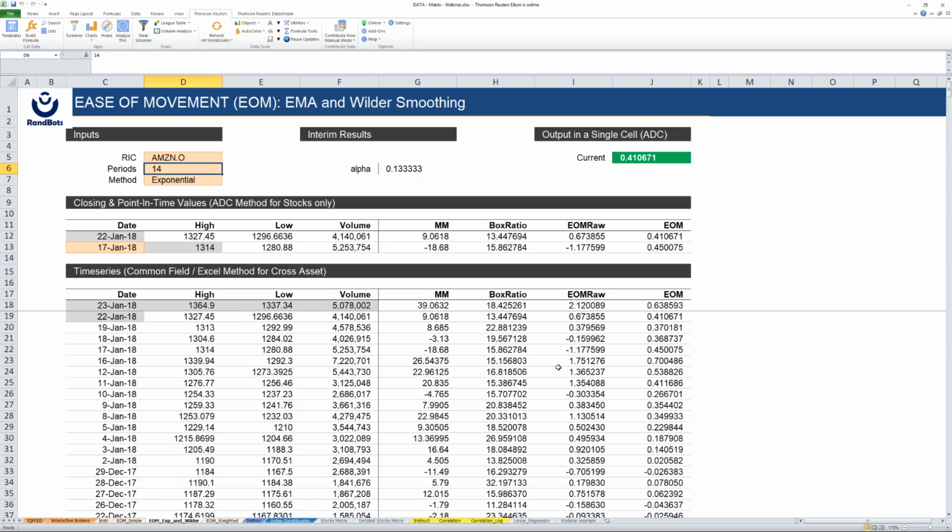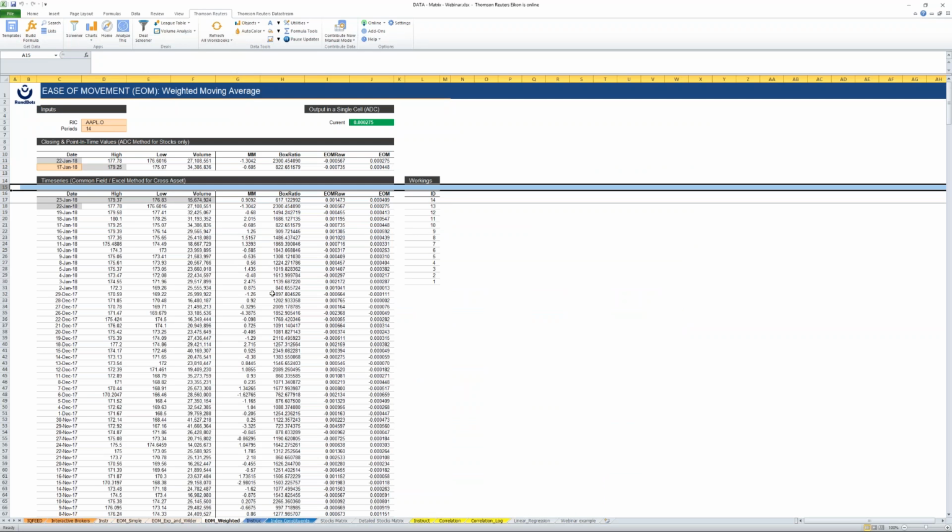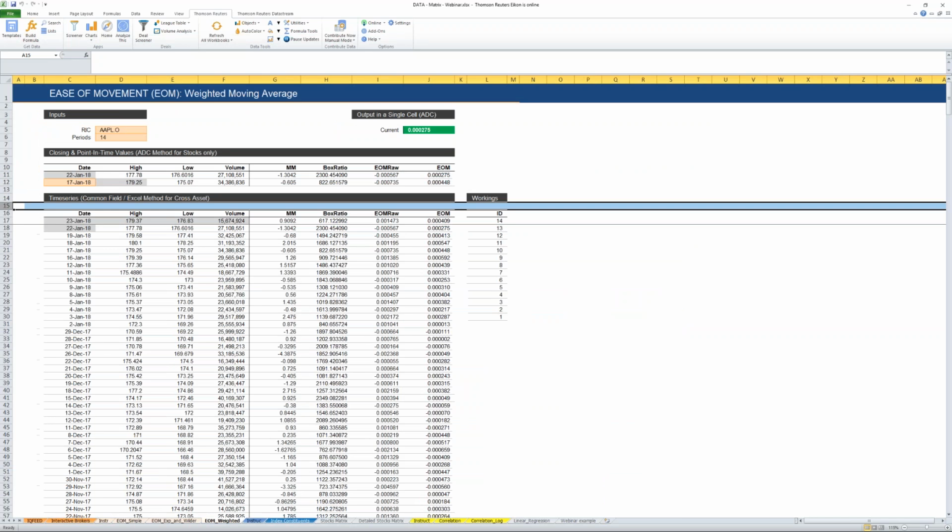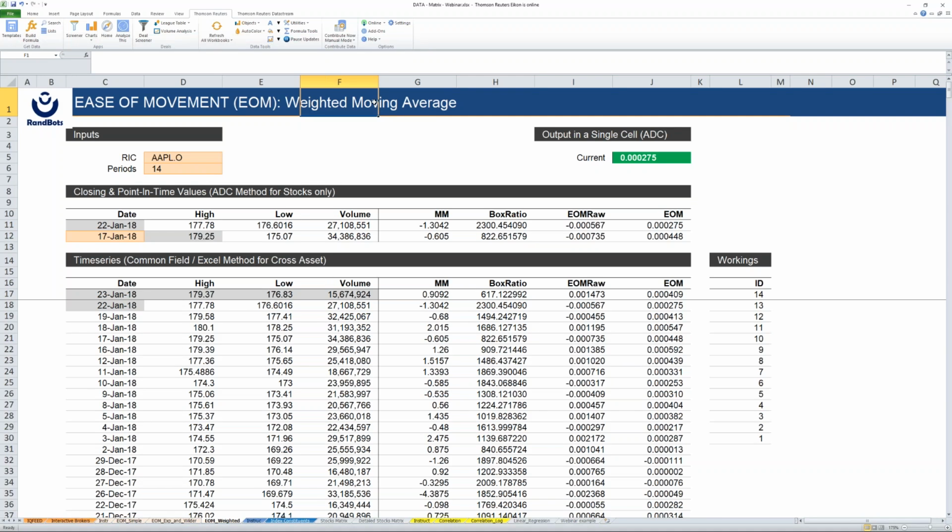Because probably it is getting out of a congestion, just like we saw yesterday. And here is the same indicator, but with a weighted simple moving average, right? So these are filters that I use for when to trade the indexes or when not to trade the indexes.